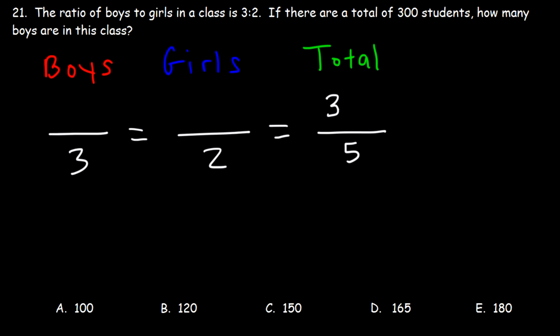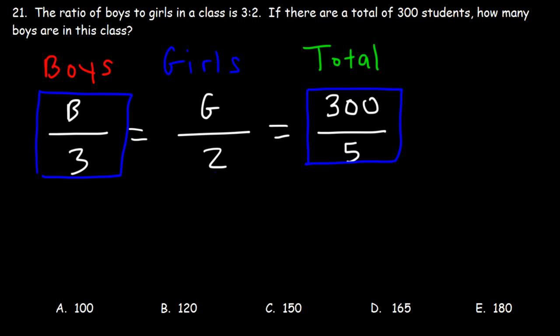Now what about out of a total of 300 students? Let's say B represents the number of boys in the class and G is the number of girls. To find the number of boys, what we need to do is set this fraction equal to this one. So B divided by 3 is equal to 300 divided by 5.